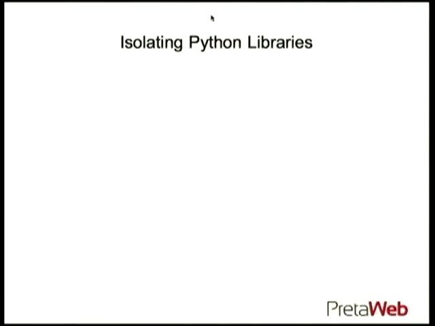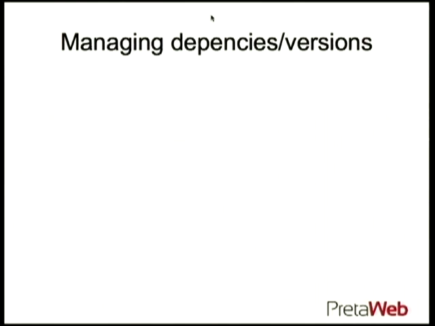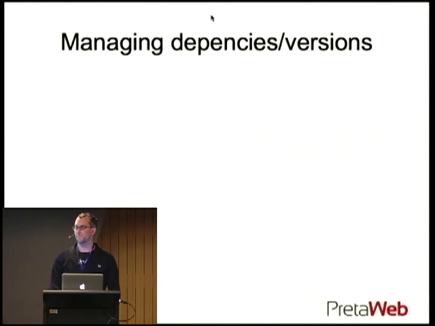It's good for isolating Python libraries, or isolated Python environments, so that's a little like virtualenv, which a lot of people will know. It helps manage dependencies and versions, so you get the exact versions you want, or you can give a list of exactly the different Python libraries that you want in the particular environment.